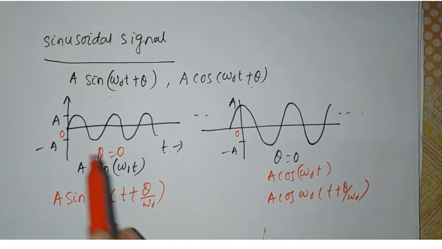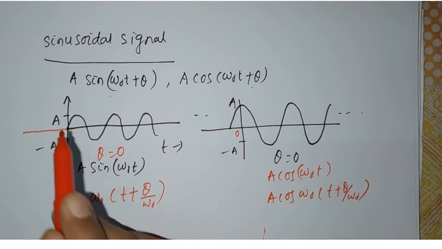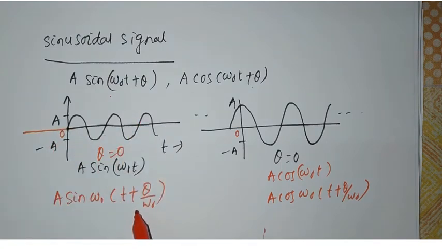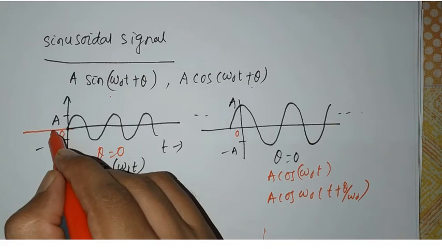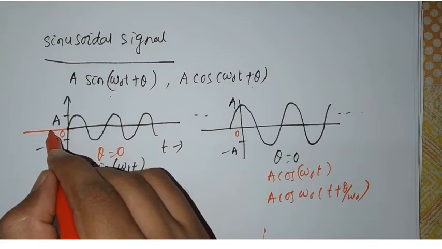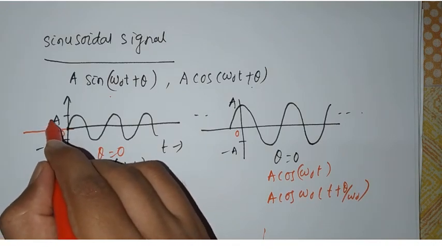Then what will happen? If you want to plot this, instead of starting at 0, it is plus, meaning advance, so it will start somewhere before, like this.